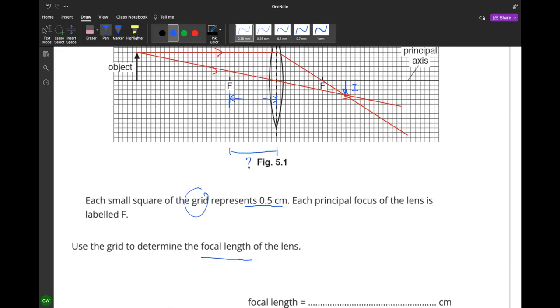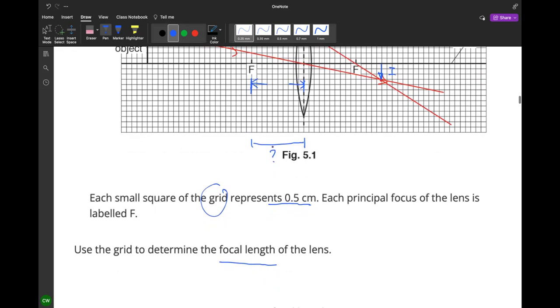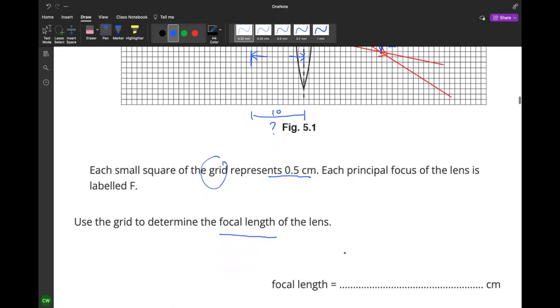How many are there? How many are there altogether? Is it 10? Okay, 10. If this is 10, then for the focal length, because every grid line represents 0.5, you need to take 10 times 0.5.